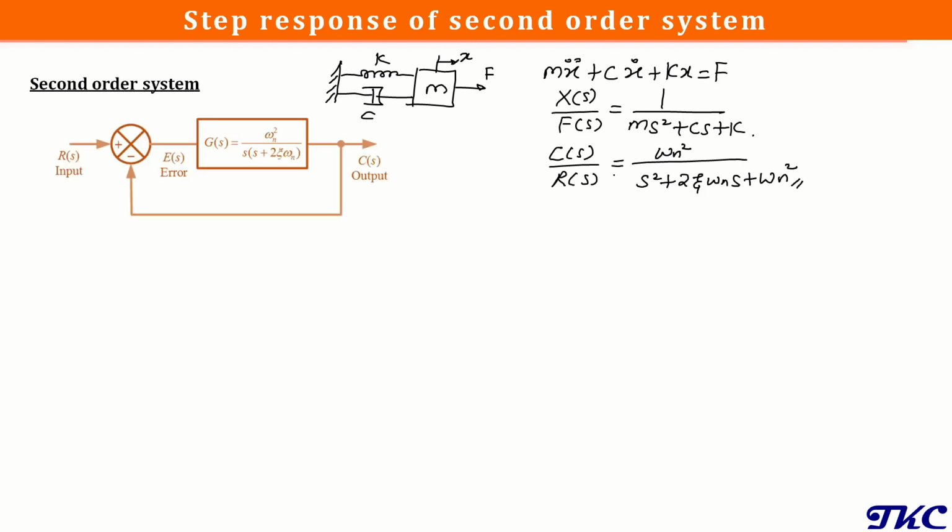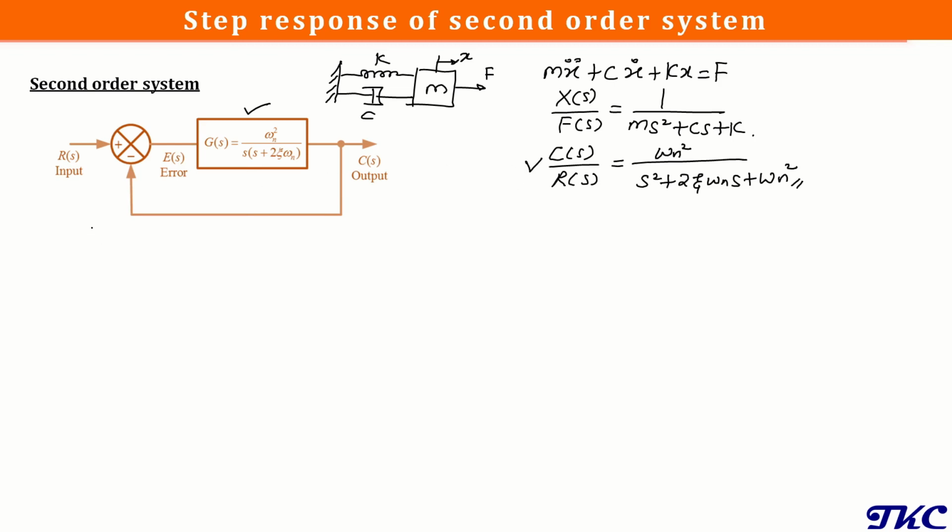This standard form we can also represent in a block diagram. We will have a summing point, and after that the open loop transfer function, and then the feedback signal. We will consider unity feedback for this case. By reducing this block diagram, we can obtain the standard closed loop transfer function for a second order system in this form.